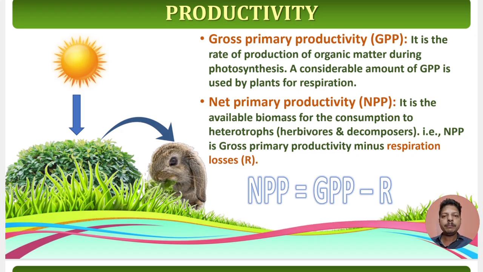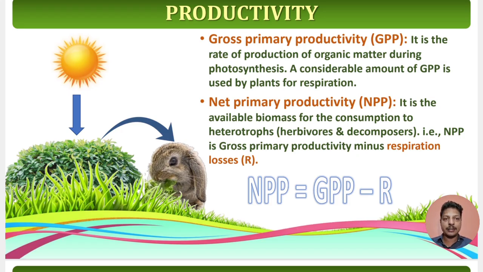Here, remember, gross primary productivity is the total rate of production of organic matter during photosynthesis. How much plants prepare their food is called gross primary productivity. Then plants also utilize it, and the utilization by the plant is called respiration losses.